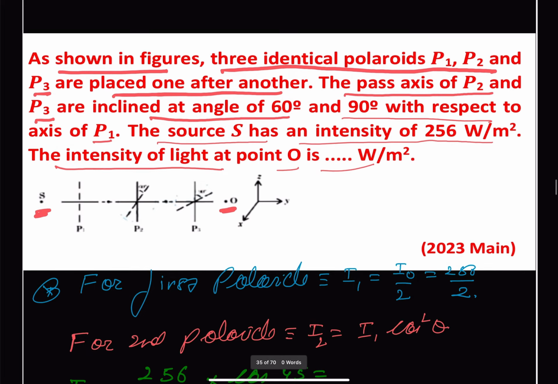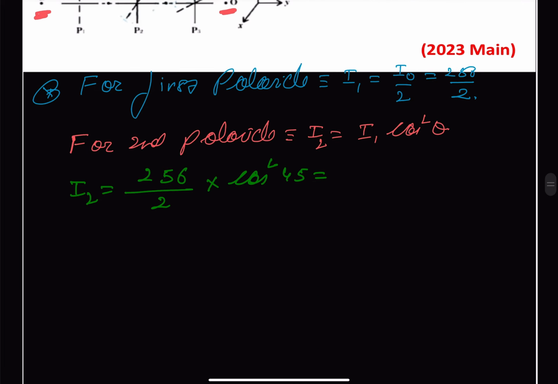sorry, cos square 60, not 45, and that is our 1 by 2, 1 by 2 is 1 by 4. So this becomes 256 divided by 2 multiplied by 1 by 4. And we have the third polaroid.